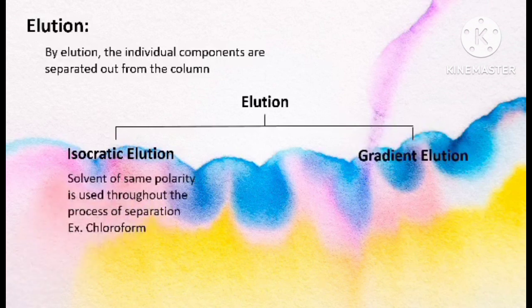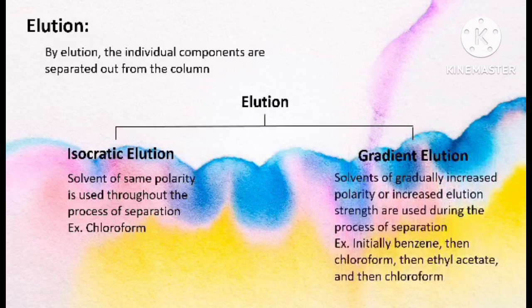In isocratic elution, a solvent of the same polarity is used throughout the process of separation. In the whole process of separation, you only use a single solvent. An example of it is chloroform. In gradient elution, solvents of gradually increased polarity or increased elution strength are used during the process of separation.